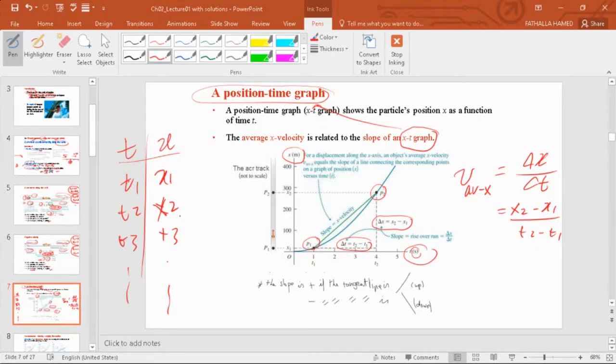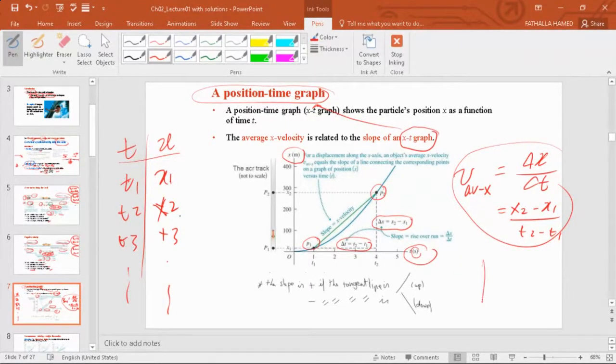Now, if you connect a line connecting P1 and P2, you will find out that actually what you have here is the slope of this line. So the average velocity is the slope of the line that is connecting these two positions. And in this case, it is a positive value.